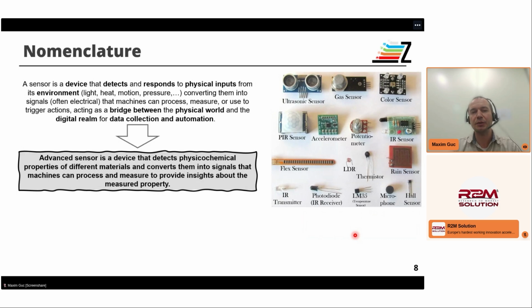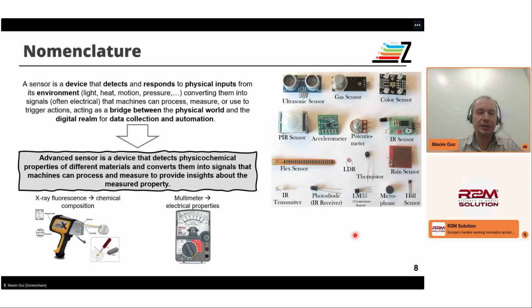So you have some device that can transfer the measurable properties of the materials into signals that are clear to digital devices, by the PCs, by the computers. As a very easy example, it can be an X-ray fluorescence gun.